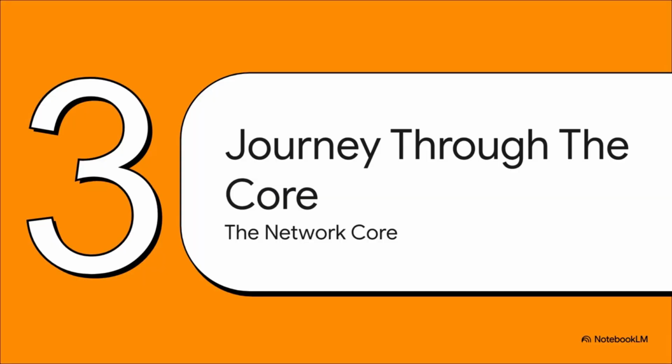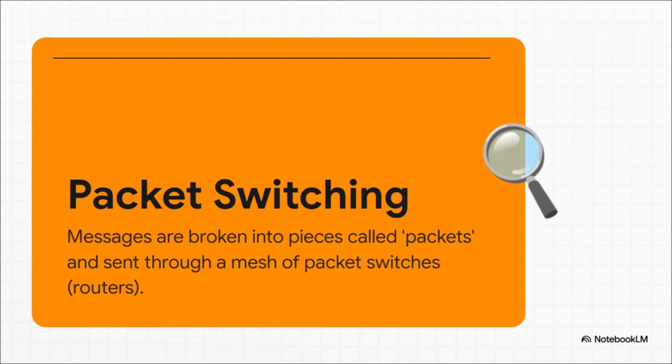Okay, so our message is all packed up and it has its delivery instructions. Now, it leaves the comfort of your device and plunges into the wild, interconnected heart of the internet, the network core. You know, the internet doesn't work like an old telephone call where you get one single dedicated line connecting two people. No, it does something way smarter called packet switching.